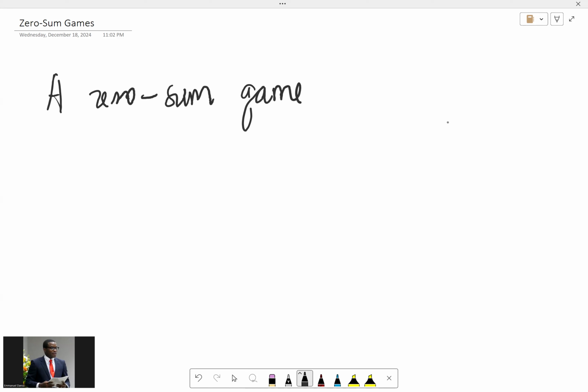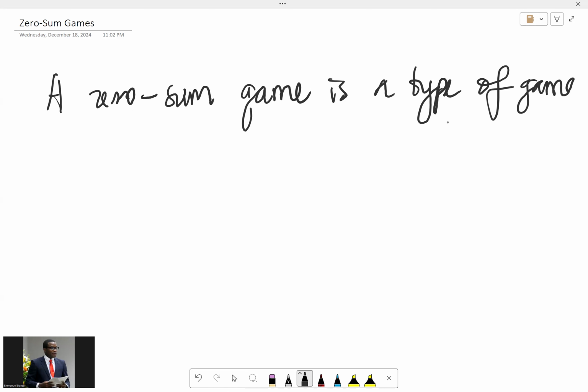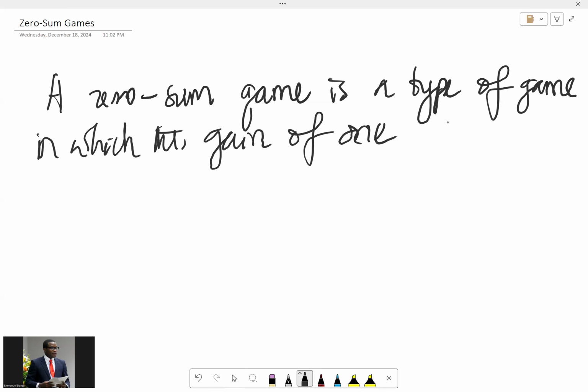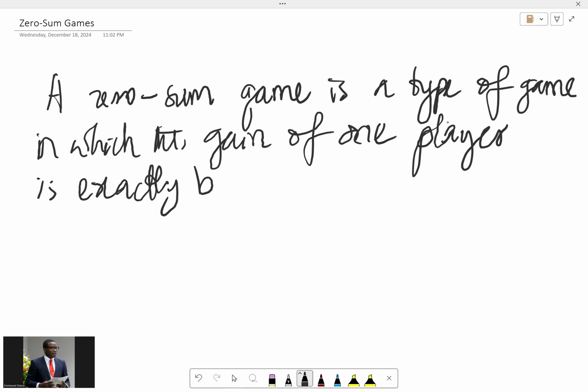As a reminder, a zero-sum game is a type of game in which the gain of one player is exactly balanced by the loss of the other player.